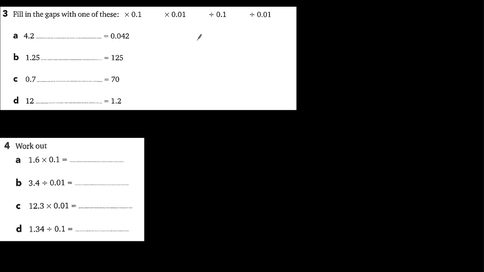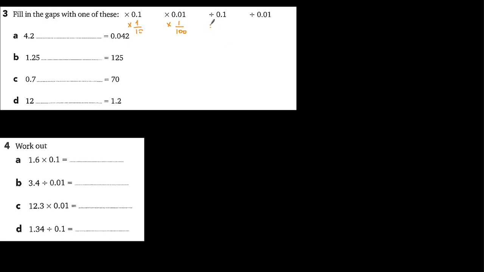Okay, on this page we are going to solve more questions to understand the solutions better. Firstly, we are going to fill these gaps with these numbers. Let's remember that times 0.1 means times 1 over 10. This is times 1 over 100, or it can be like that.